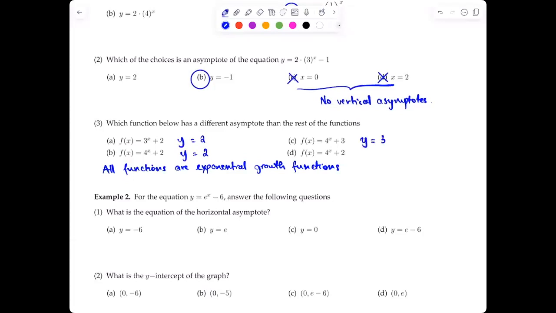But C, you have y equals 3 as a horizontal asymptote. And D, the horizontal asymptote is y equals 2. So therefore, the different one is C, which is y equals 3. All right. Any questions?